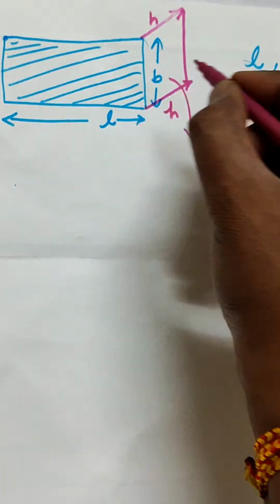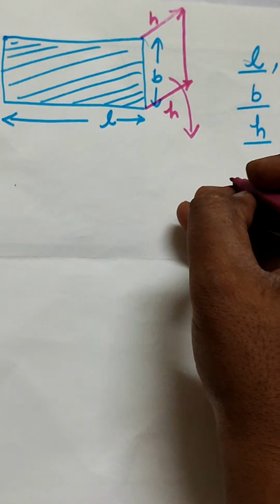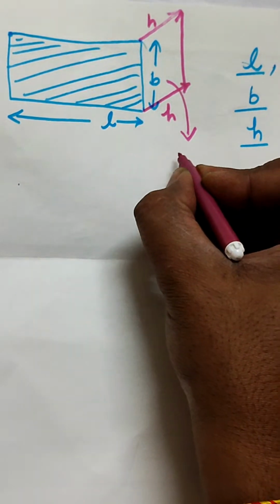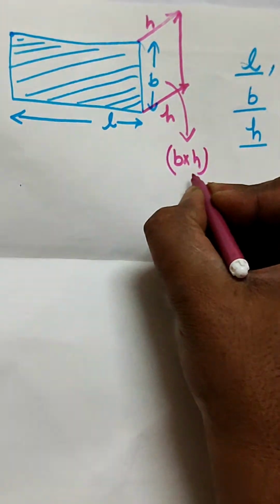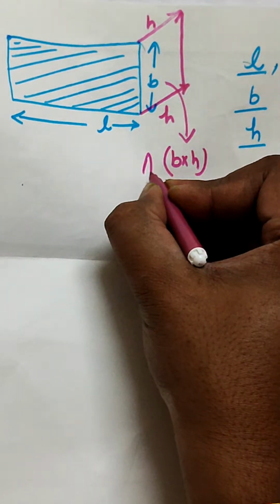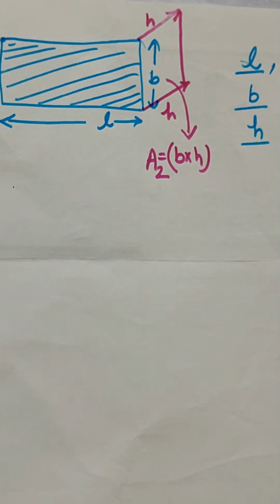This will look like a rectangle, and the area of this will be B into H, isn't it? B into H is the second area, let's say A2.